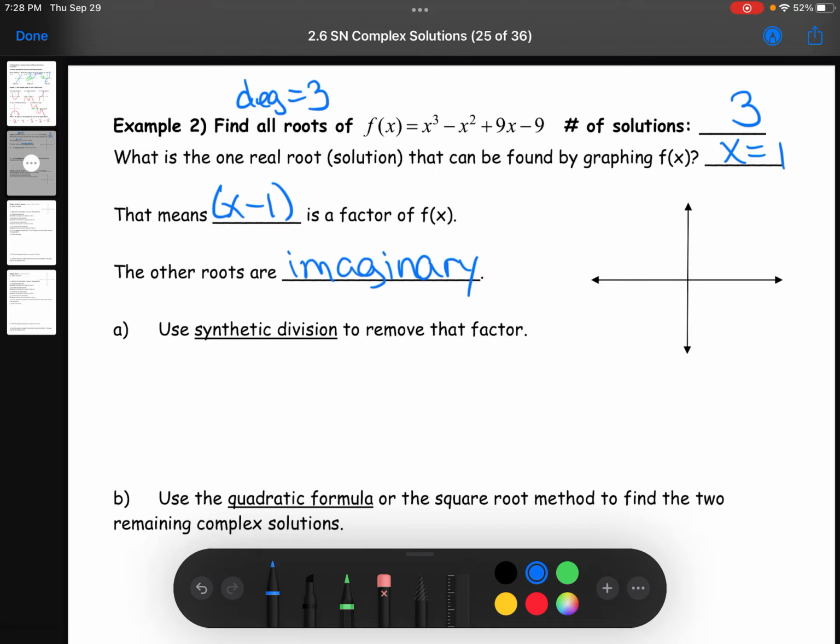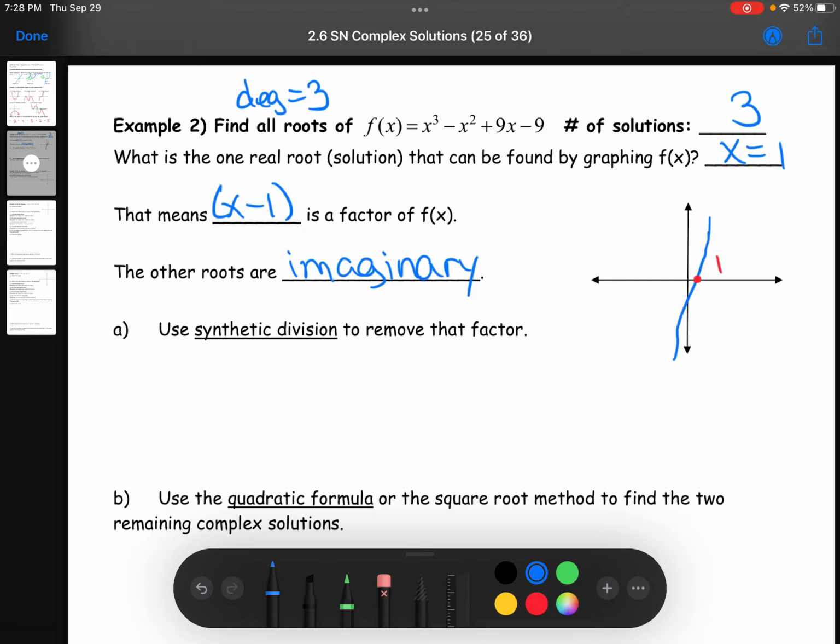Not real. They involve i's. So, this graph almost looked linear, sort of. It's a really poor imitation of that graph. I apologize. So this one root here at 1 is all we have.